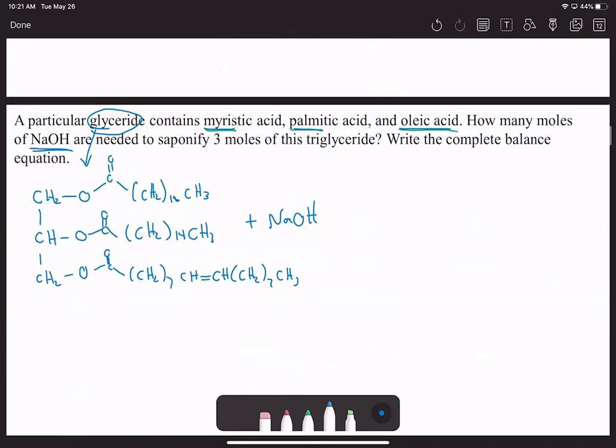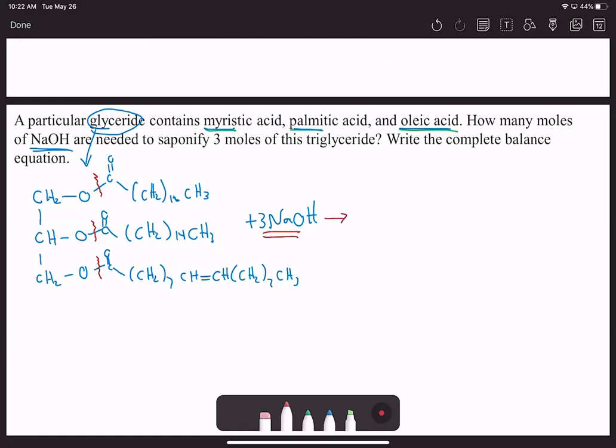So I need 3 sodium hydroxides because I'm going to break this bond here between the carbonyl and the oxygen, I'm going to break that 3 times. So I need 3 moles of that base.